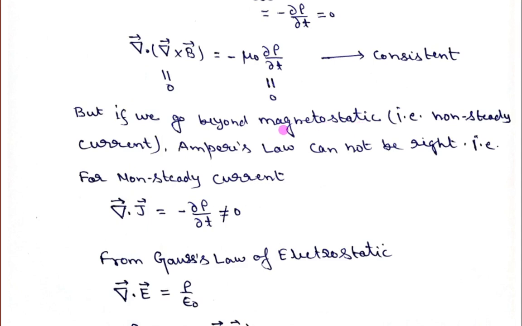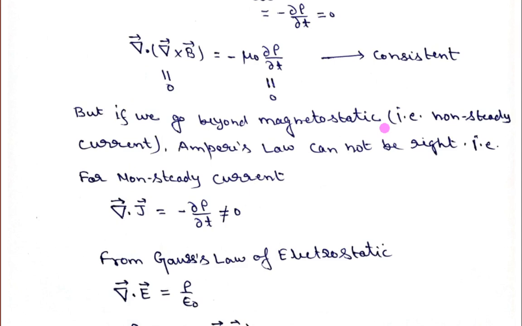That is why this part of magnetism is called magnetostatics. But Maxwell realized that if we don't have a steady current, if we go beyond magnetostatics, then what will happen to Ampere's law?